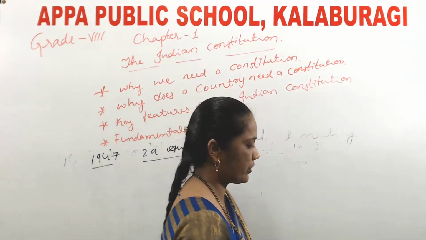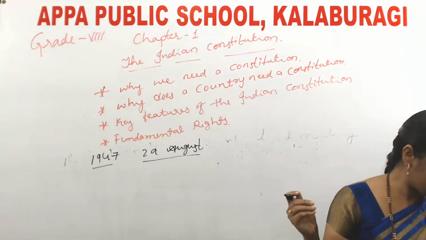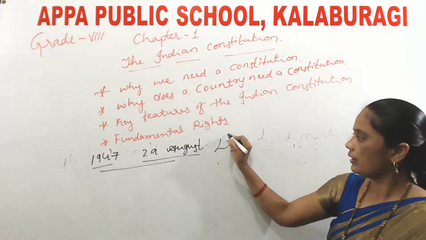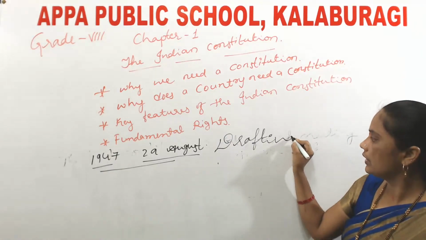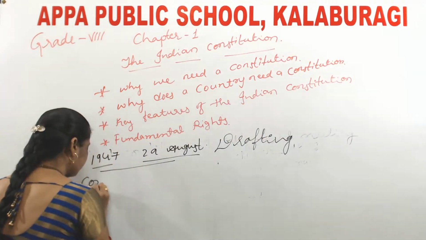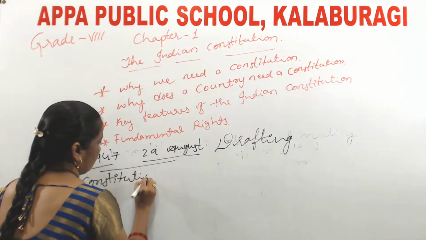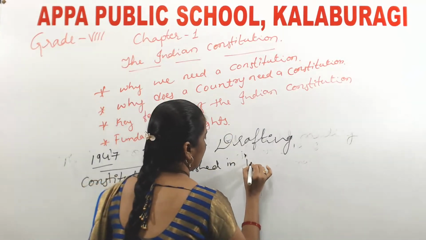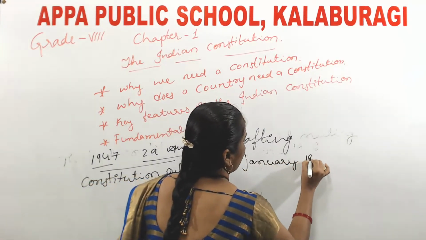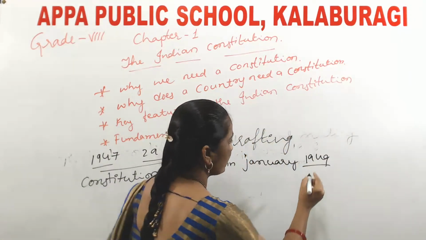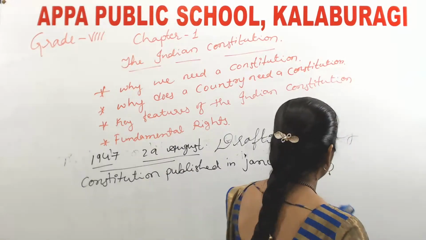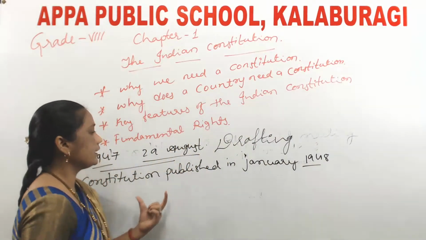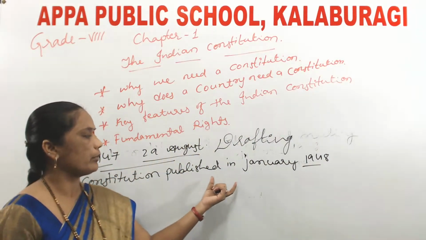The draft constitution was published in January 1948. Why was this published?